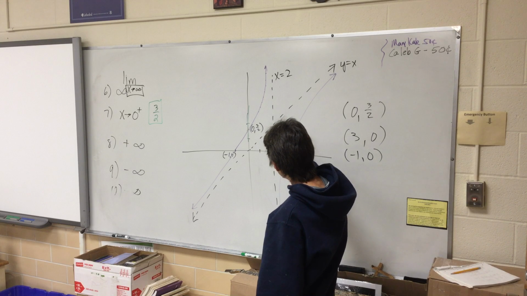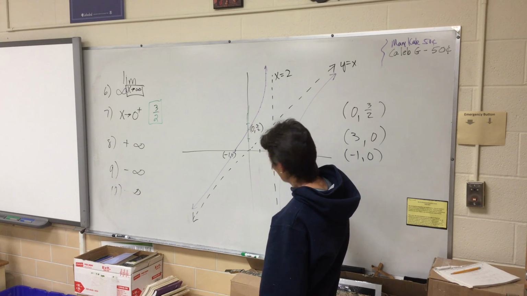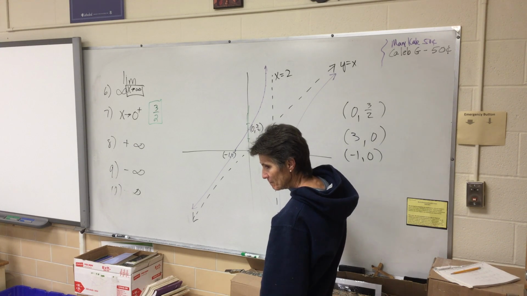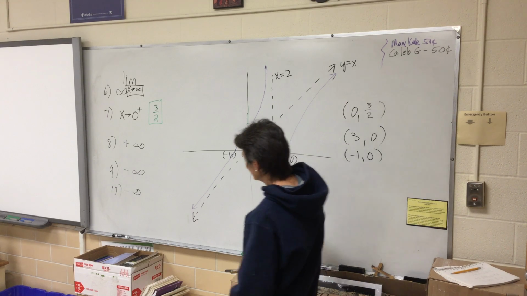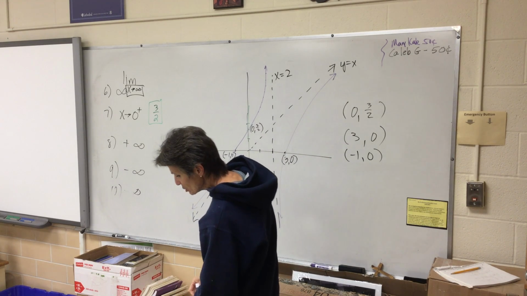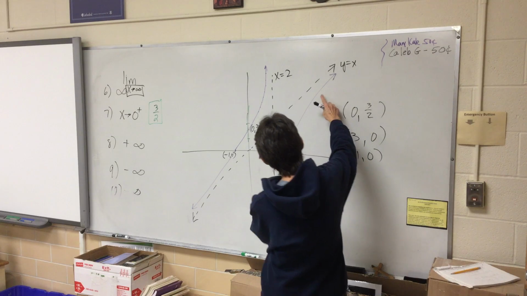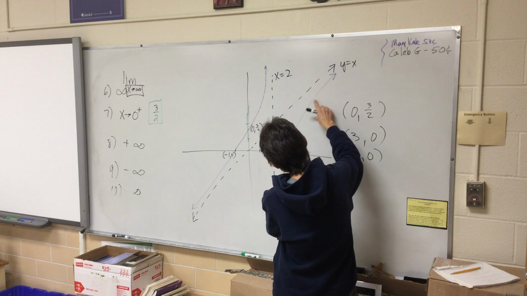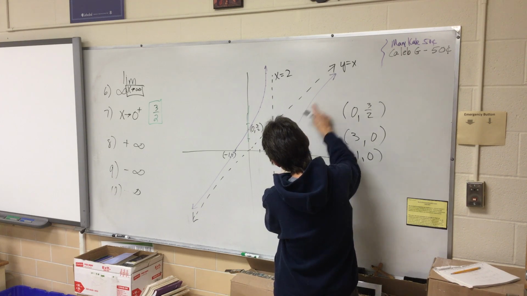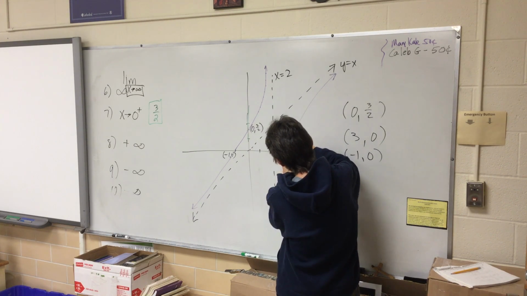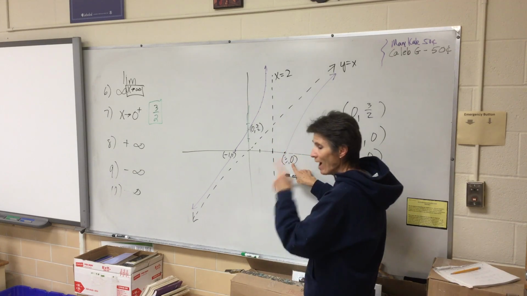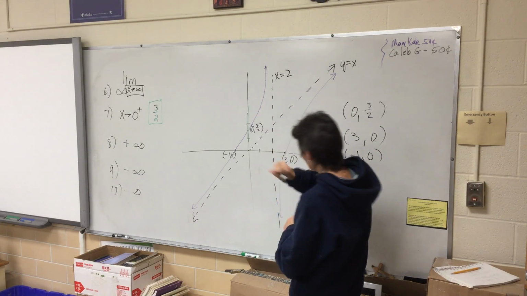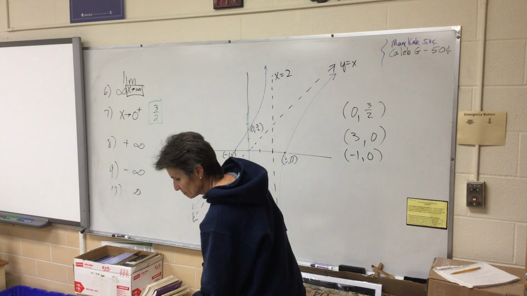No. No matter which side I come at it from, the limit is going to be 0. Yep. Nice. So 11 and 12 are both zeros because that's what's happening. As you come closer to 3, you're coming in on this point. Limits are y values, and the y value is 0.